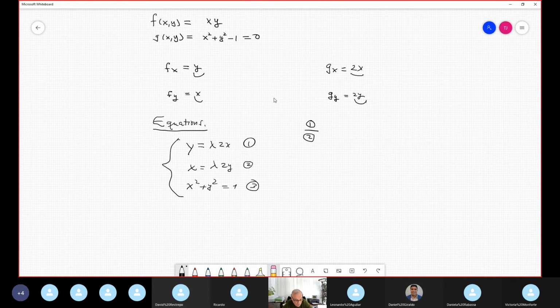It is obvious that lambda is cancelled out. So y over x is equal to x over y. You divide this by this. Y over x, cancel out the 2 and lambda. And cross multiplication, why not? So we get y squared equal to x squared. Therefore, y equal to x.